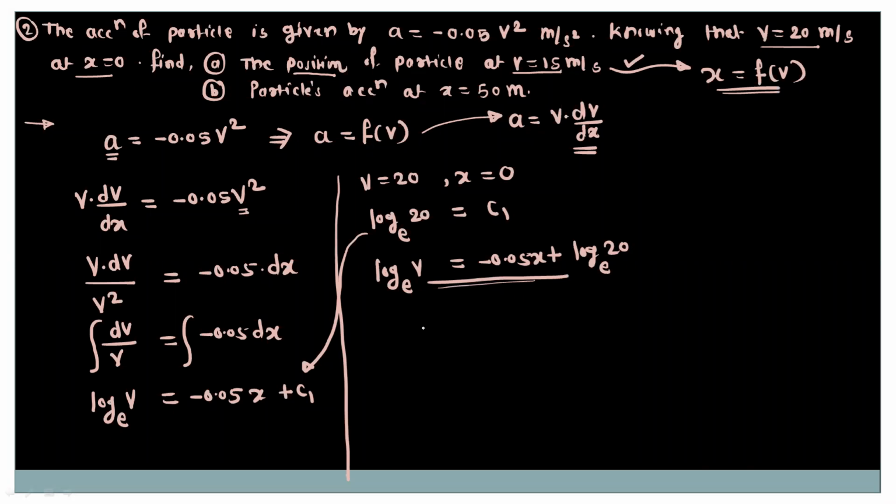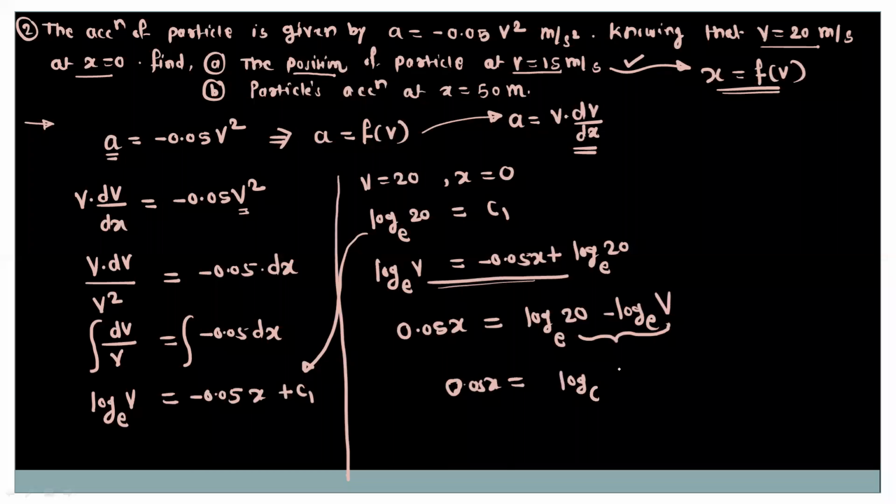So we can write this equation as 0.05x equal to log 20 to the base e minus log v to the base e. So 0.05x is equal to log e of 20 upon v.